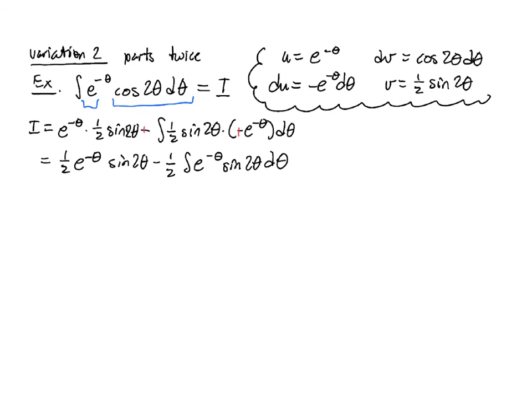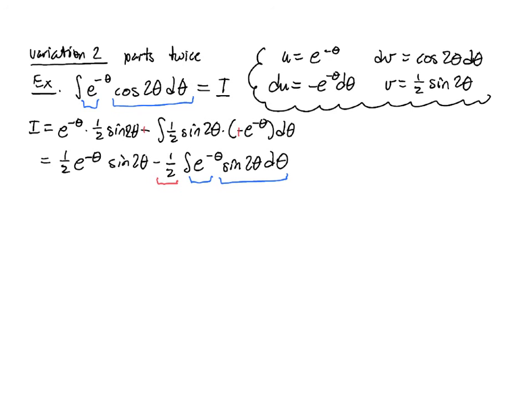And now you see this new integral that we have here to compute is very similar to the one that we started with. So it doesn't feel like we've made any progress, but what we're going to see is that this 1/2 is going to make it so we can actually use this in order to figure out what the value for I is. And now the way that we do this is by doing integration by parts one more time, and there's an important choice to make here now.